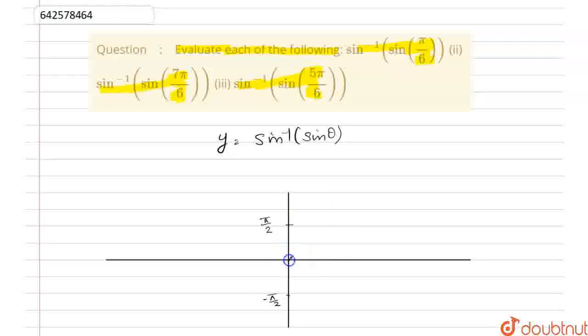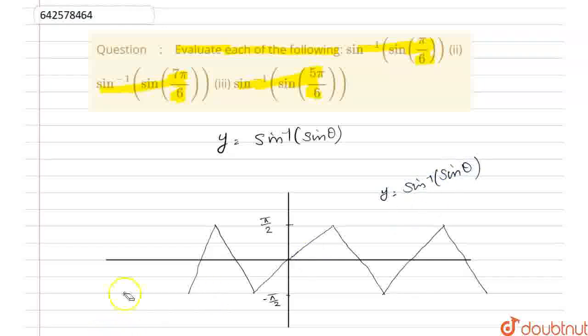So let's take this is our curve, and now this is our curve of y is equal to sine inverse of sine theta. So this is the curve of y is equal to sine inverse of sine theta, or here we can write, here we can correct it.